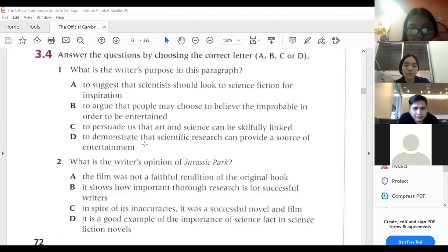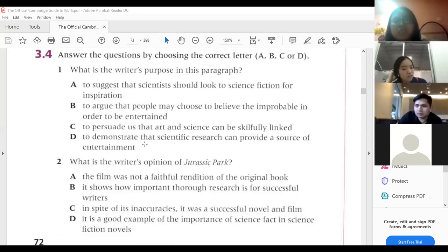Last one, opinion of Jurassic Park. A, the film was not a faithful rendition of the original book. Did we see anything about that? B, it shows how important thorough research is for successful writers. C, in spite of its inaccuracies, it was a successful novel and film. And last one, D, it is a good example of the importance of science fact in science fiction novels. Which one?